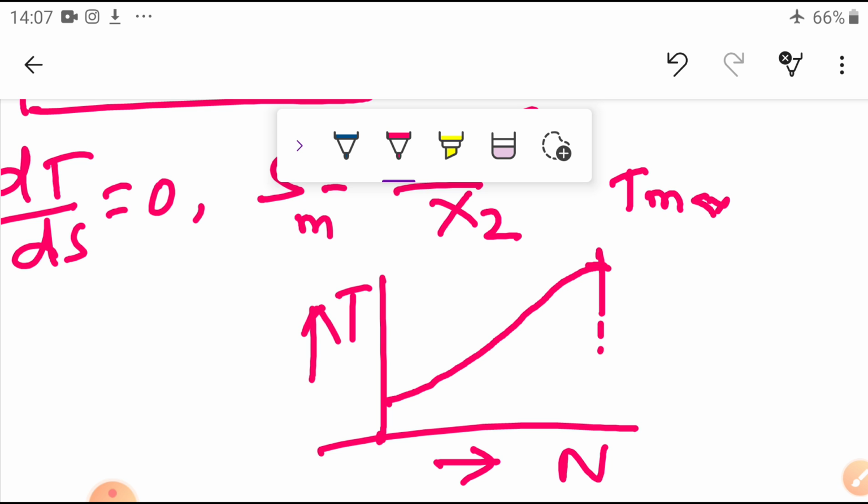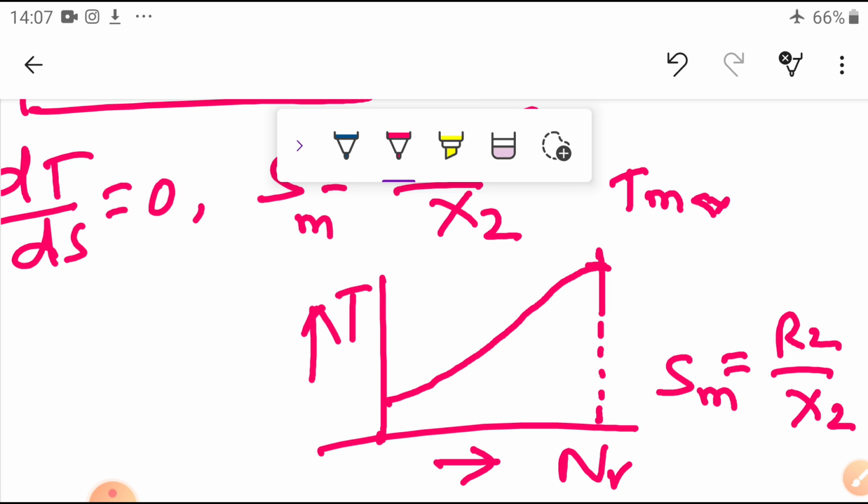At that condition, what is the slip? The slip is known as the maximum slip, the slip at which maximum torque occurs. What is the condition? That is equal to R2 by X2.